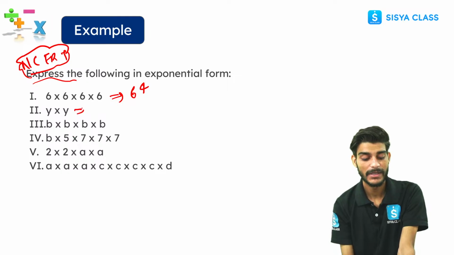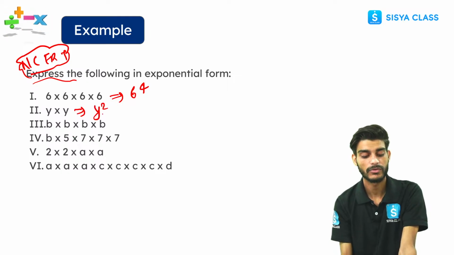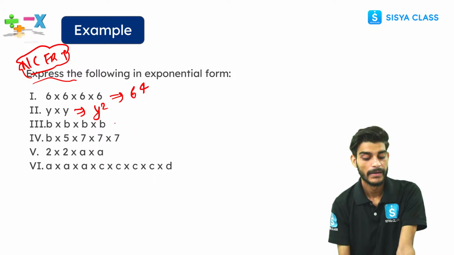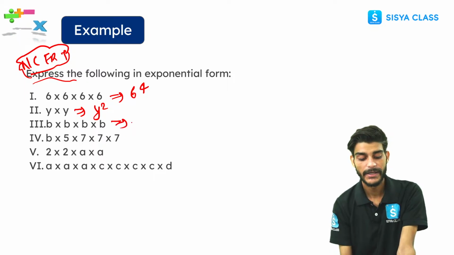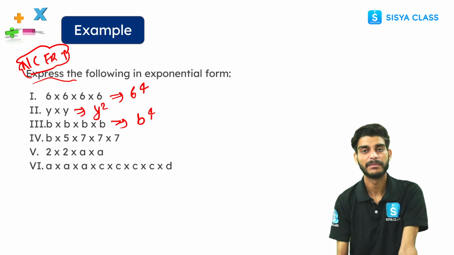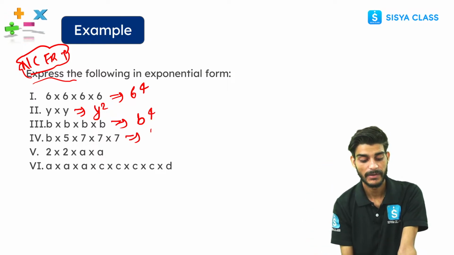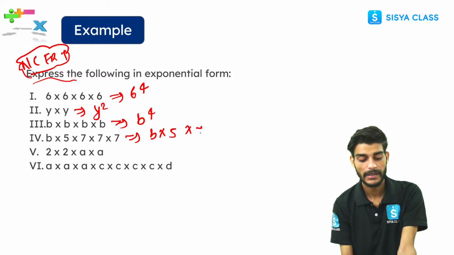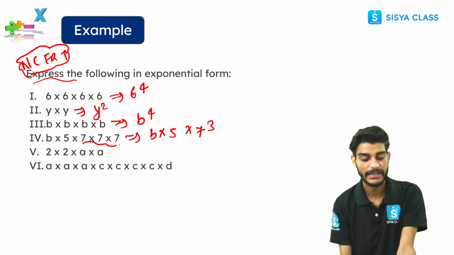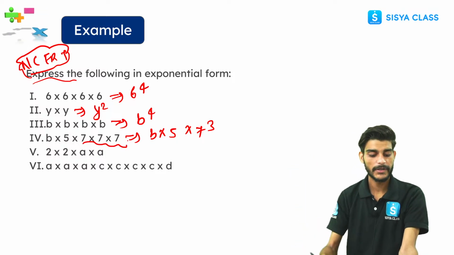Y into y means you are multiplying y 2 times. So y power 2. B into B into B into B, multiplying B 4 times. So B power 4. 7 into 7 into 7. How many 7s do we have? We have three 7s. So 7 raised to the power 3.